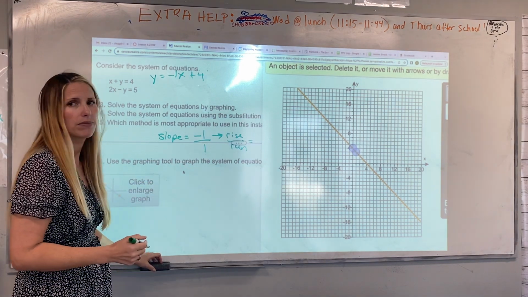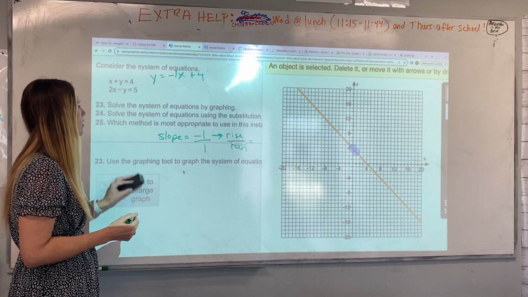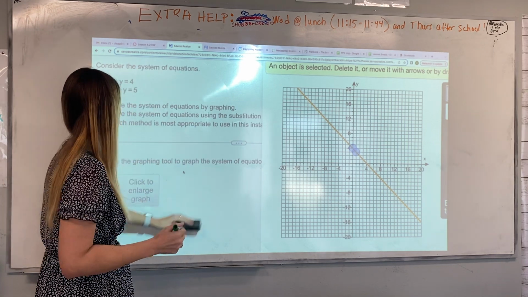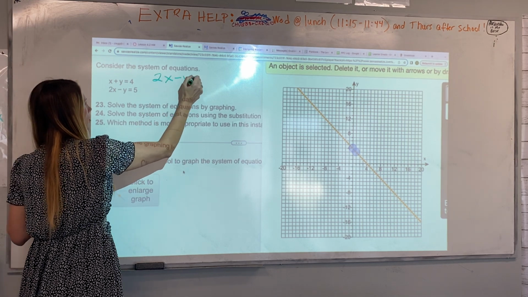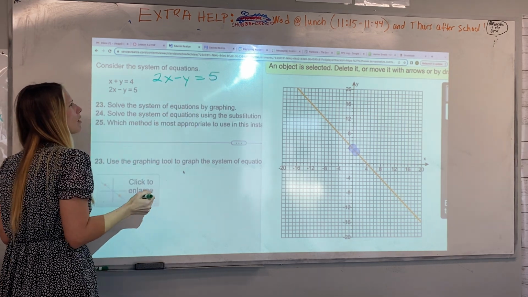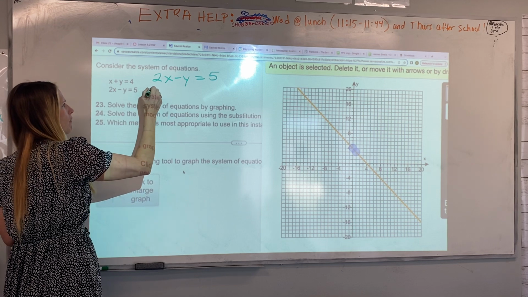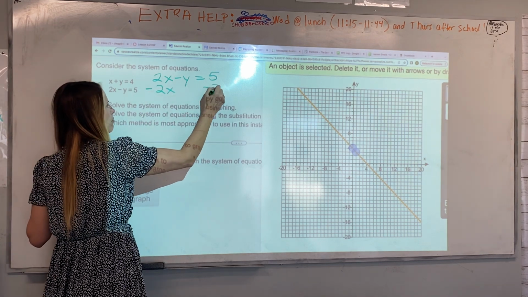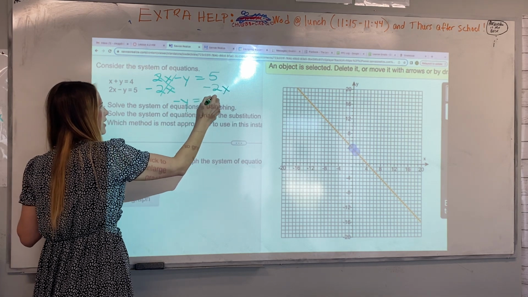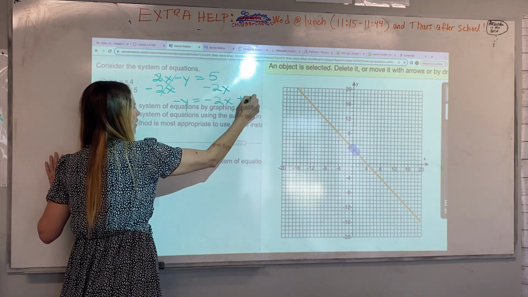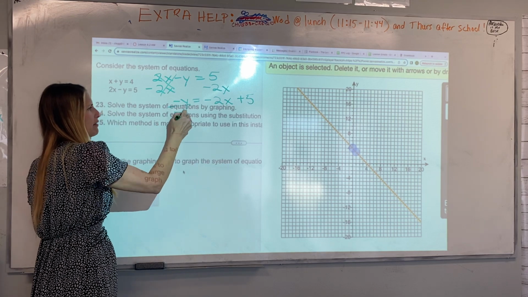So for the second one, I could do it how I did it, right? So I would do y equals 2x minus 5. Let's see. If I subtract 2x from both sides, I have negative y equals negative 2x plus 5. And then did you divide by a negative?